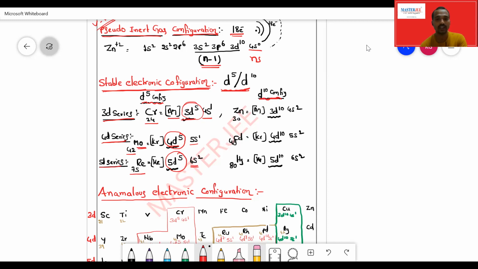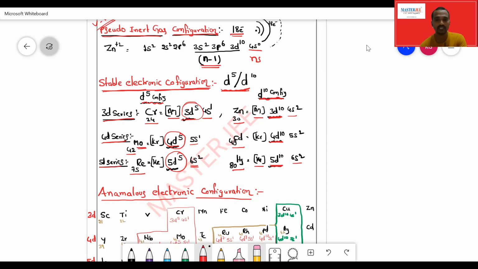Next, d10 configurations. According to exchange energies, electron exchange energies, we can explain this. The more exchange energies there are, the more stable the species will be. Zinc, cadmium with atomic number 48, and mercury with 80 have the configurations argon 3d10 4s2, krypton 4d10 5s2, and xenon 5d10 6s2.